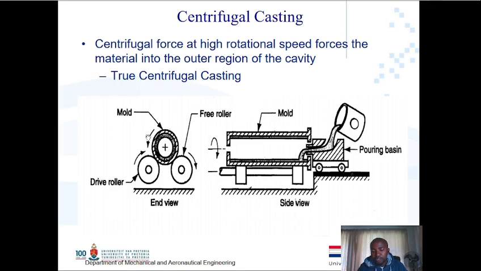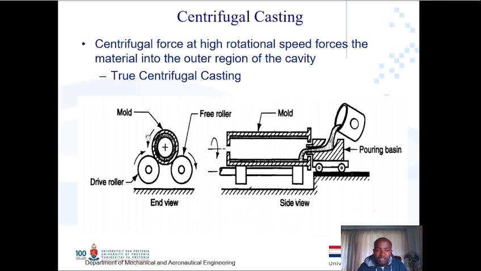And to make sure that you can get these diameters accurate to the dimensions that you need, you will have to know the density of your molten metal. You'll also need to know the volume which you must pour, and then you start with the rotating procedure.